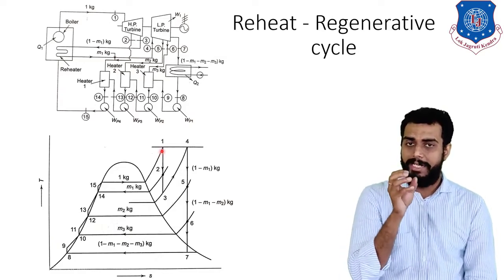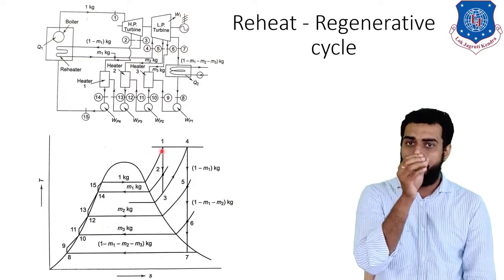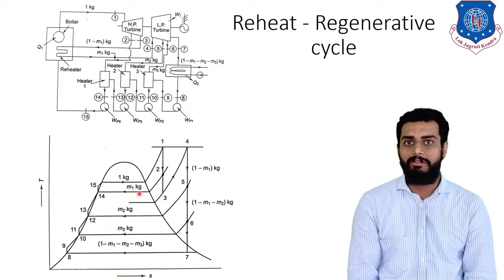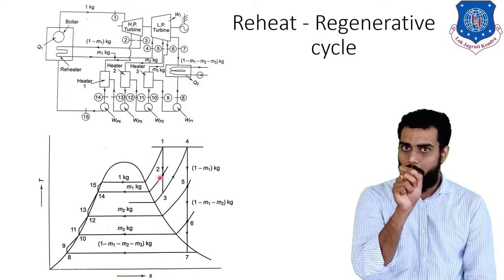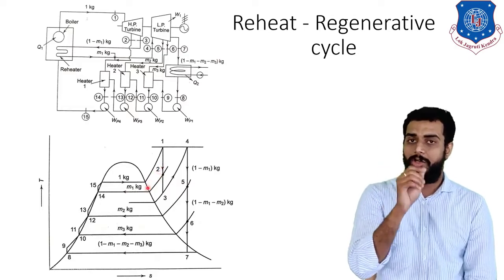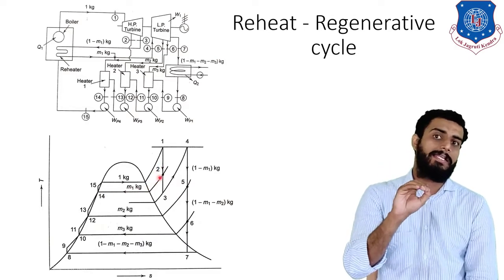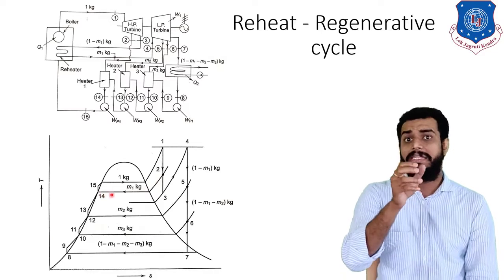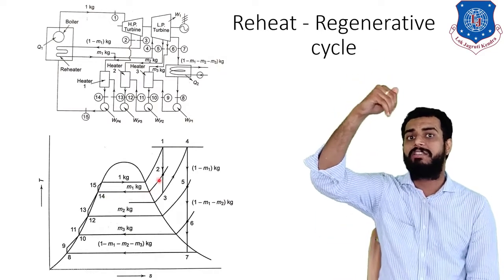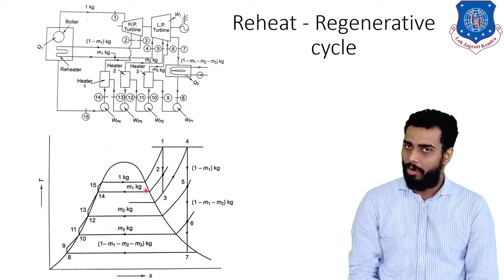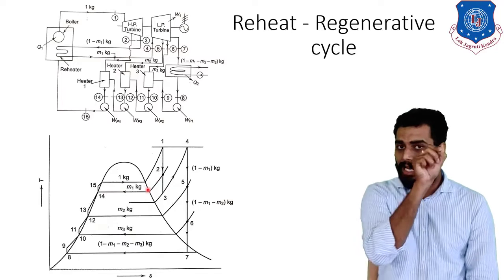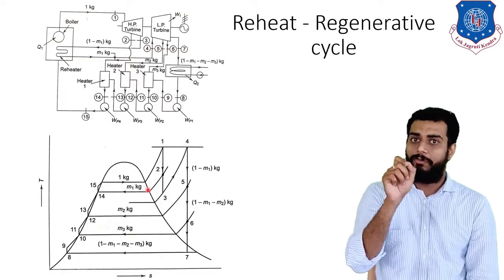See, at the intermediate stage at point number 2 in the turbine, you will extract m1 kg of steam, and that steam is supplied to the heater number 1, that is easily drawn by a line that is at low pressure, because you can see that if you are extracting the steam at intermediate stage, then your pressure will be decreased compared to the inlet pressure of the steam for the turbine. Okay, so now you can see corresponding to point number 2, the line which is drawn is at low pressure.